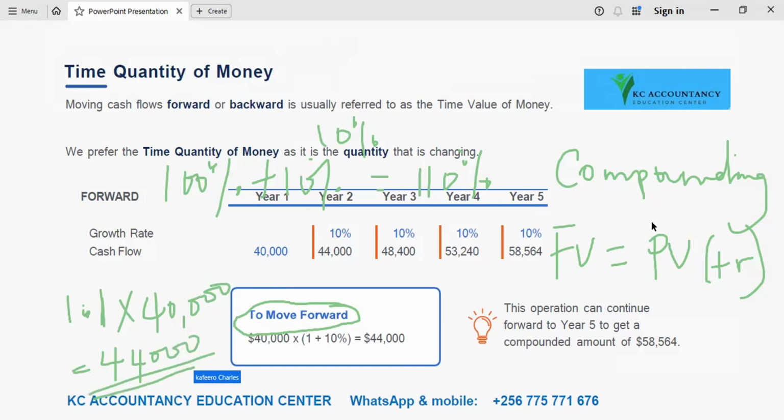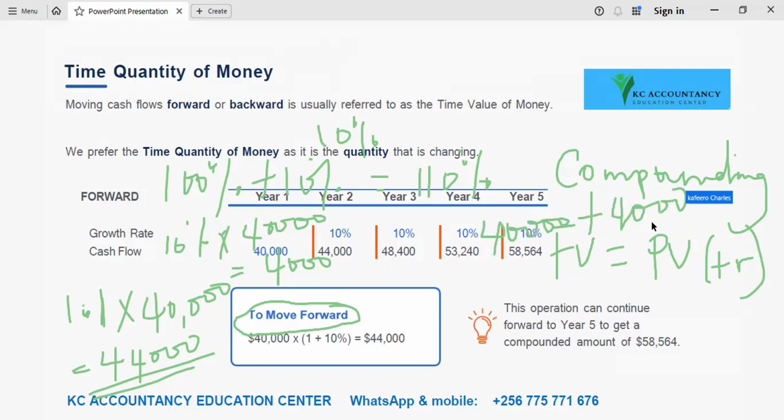And the other person could first take the 10% of this 40,000, and that will give you $4,000. Then it will be the 40,000 plus the $4,000, and that will give you $44,000. So whichever way you go, it will bring you to the same thing.